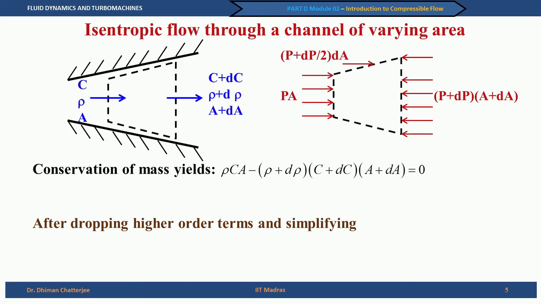If you do the simplification, you should get dC by C plus dA by A plus d rho by rho equal to 0. You could have got this relationship simply from the fact that rho C A is constant. You could have taken the log and differentiated and you will get the same relationship, but here I am doing it from the control volume approach of first principles.